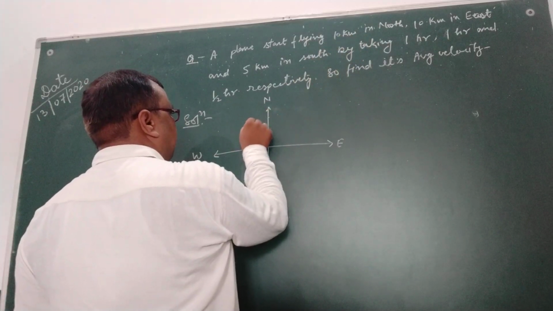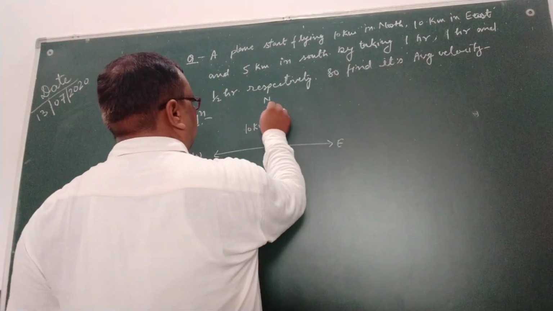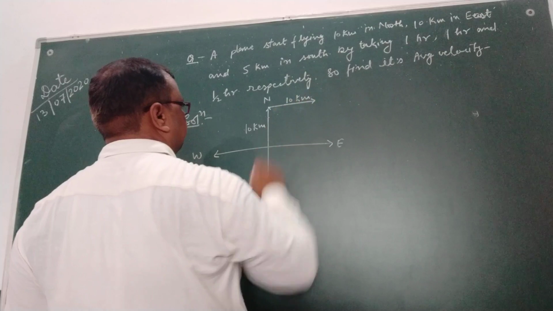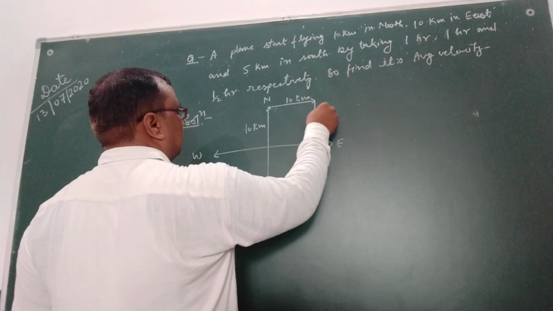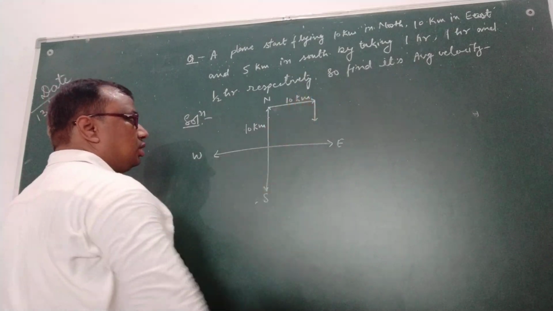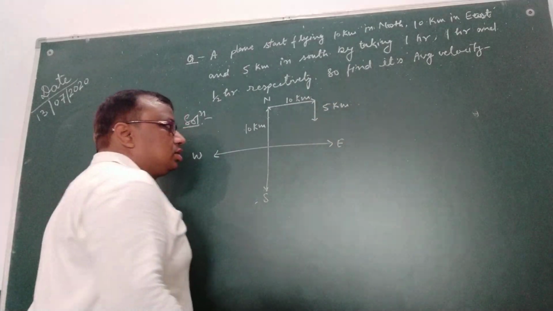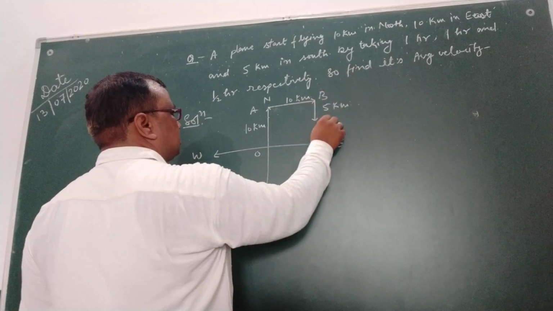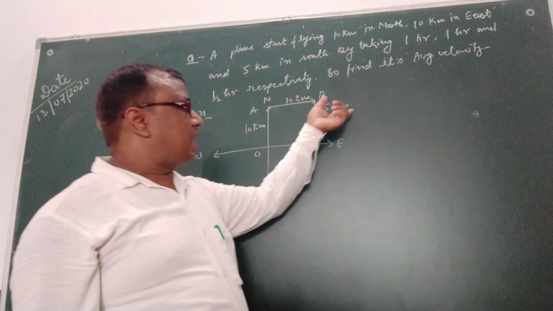Let it be 10 km in north, 10 km in east and 5 km in south. From O, A, B and C. And total time is 1 hour, 1 hour and half hour.